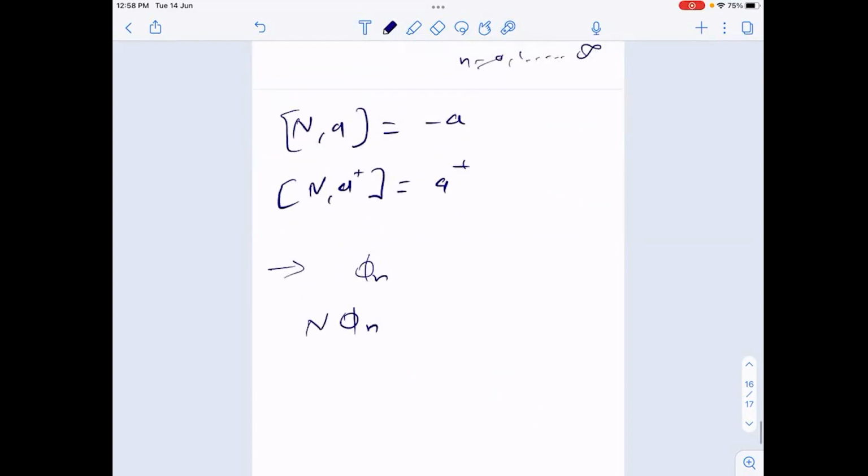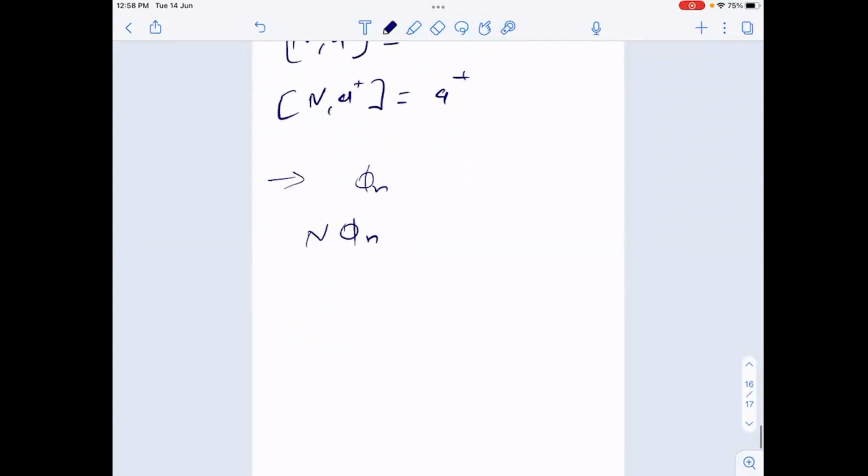Its commutation with a and a dagger, the annihilation and creation operators, gives us minus a and a dagger. So if it's a Hermitian operator, then a normalized eigenvector should give us n phi n, where small n represents the eigenvalue.